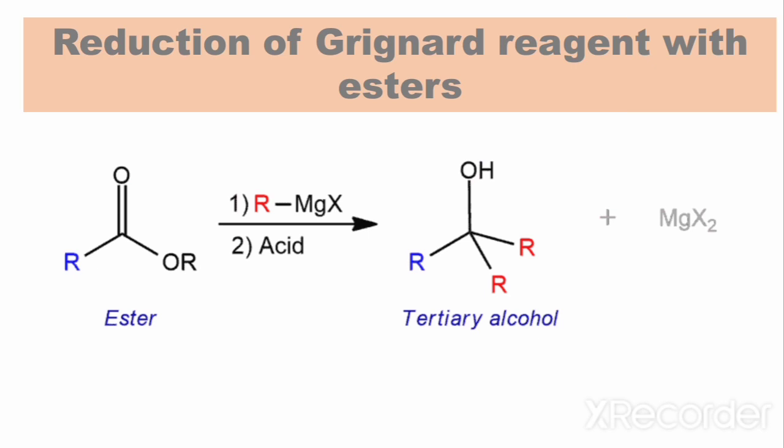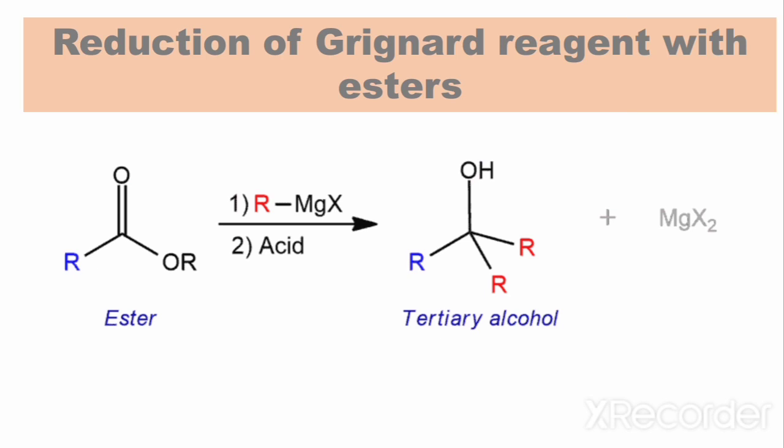So when the ester reacts with the Grignard reagent, which is an alkyl group attached to magnesium along with the halide group, and in the presence of acid, this acid will provide the hydrogen positive ion, a proton, to the ester and forms the alcohol.